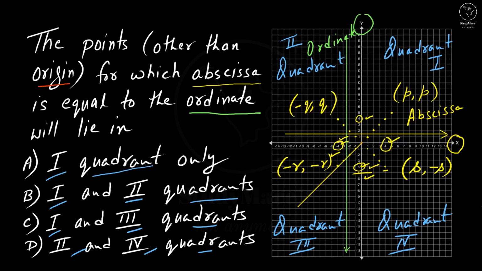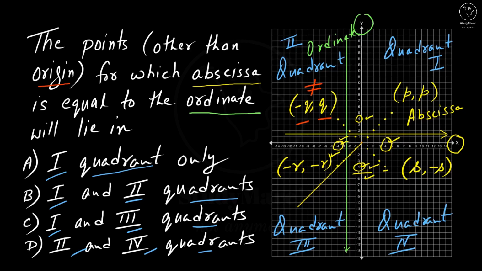So now if we analyze this back, in the second quadrant, whenever the ordinate is Q, abscissa is -Q. That means these are not equal. There is no coordinate in the second quadrant where we get the abscissa equal to the ordinate.